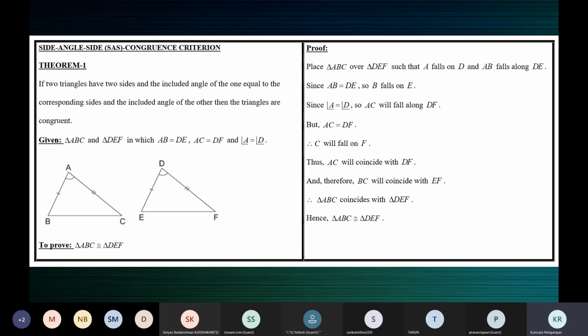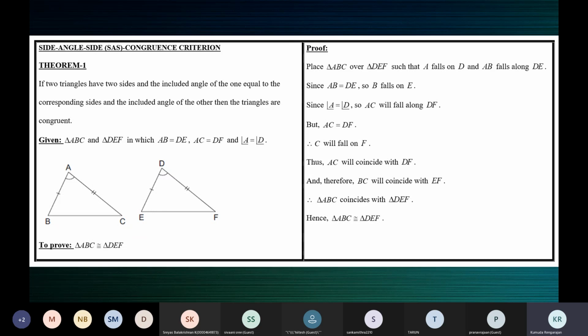So that's what is given in the congruence criteria. These rules tell us which 3 equalities must be checked in order to show that the triangles are congruent. So we have in all 5 congruence criteria.